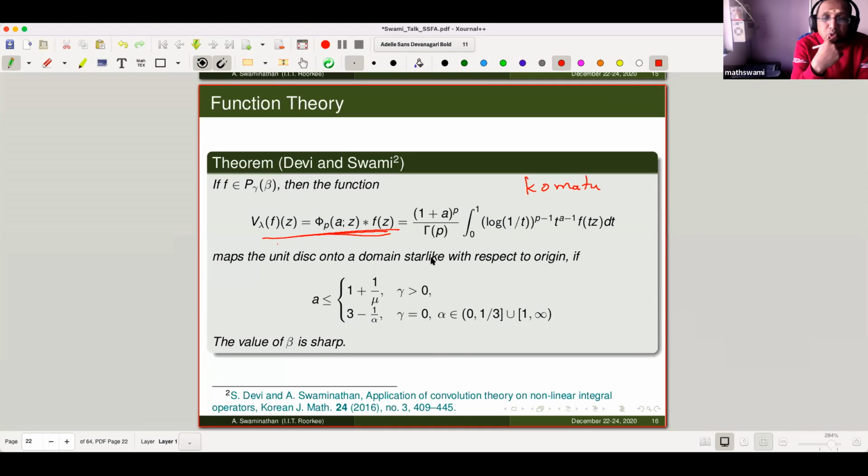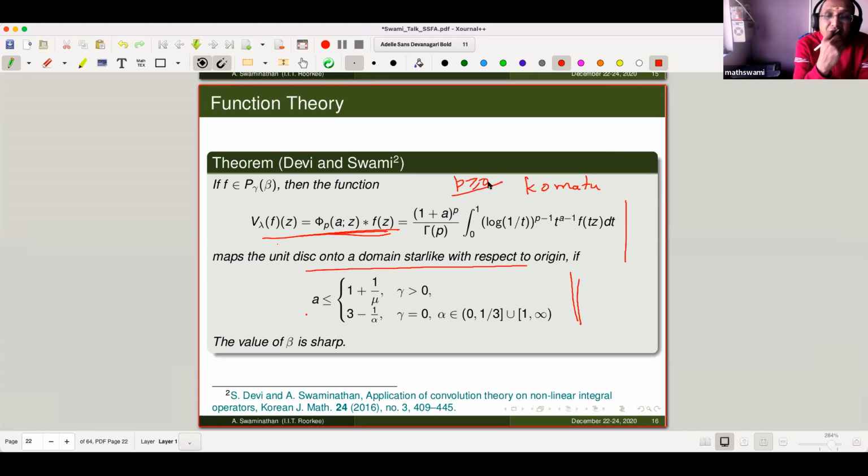This is a particular situation of the convex, because when we say star-like with respect to every point, it becomes convex. So we were able to prove that for this Komatsu integral operator, it maps the unit disk onto a star-like domain with respect to the origin, which was a comparatively better statement, but with the condition that there are some conditions on A. This is the problem, because the result of Lewis did not have any further conditions except a condition on P, which clearly says that for all P greater than or equal to 0, he was able to get the result.